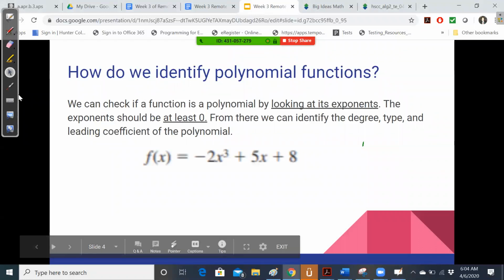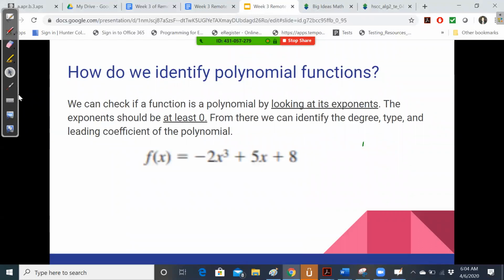So how do we identify polynomials, right? Whenever we're going to graph it, we need to identify a couple of things. First, we have to identify what polynomial function we're looking at, and we can do that if we look at the exponent, and it should be at least 0. So right over here, before I can even start graphing it, I have to see, is it a polynomial function?